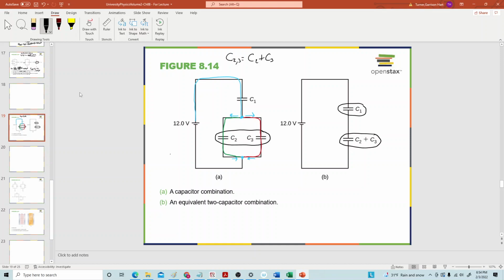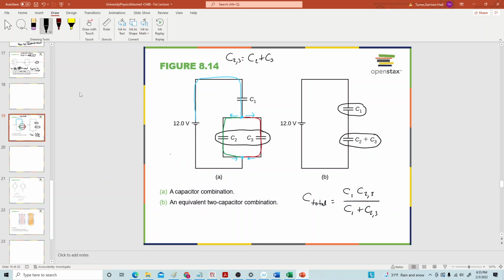And once we get that value, the total capacitance would be C1 times C2,3 divided by C1 plus C2,3.